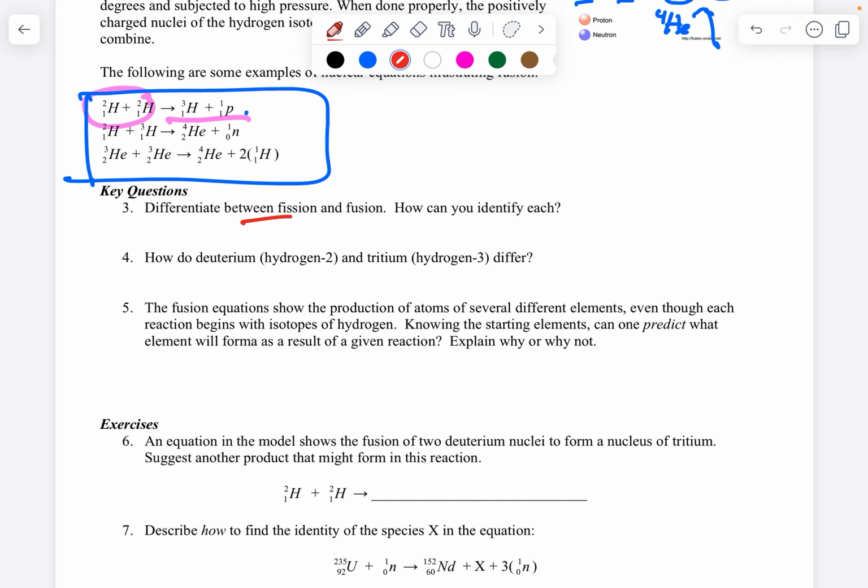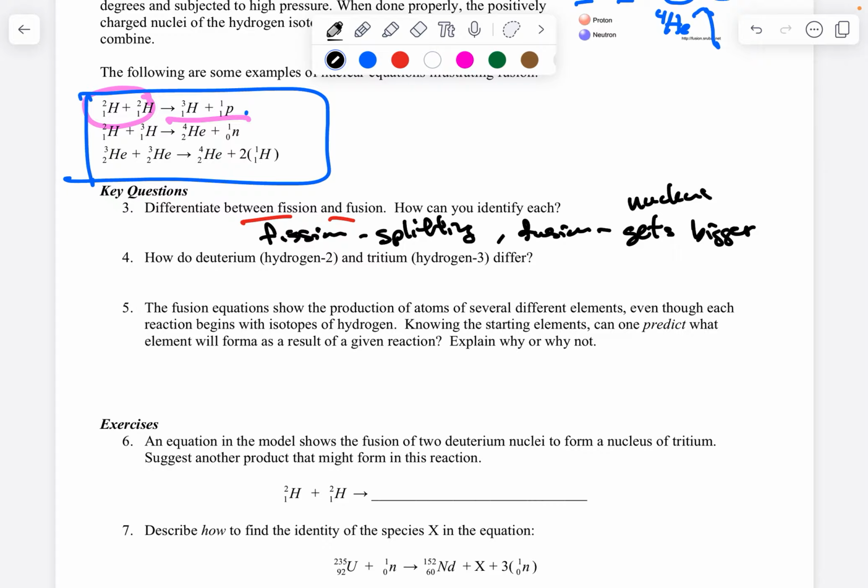So what's the difference between them? How can you identify each of them? Fission is breaking or splitting, so the nucleus becomes smaller, and fusion is the nucleus becomes bigger.